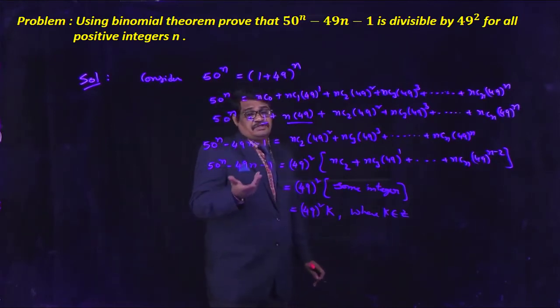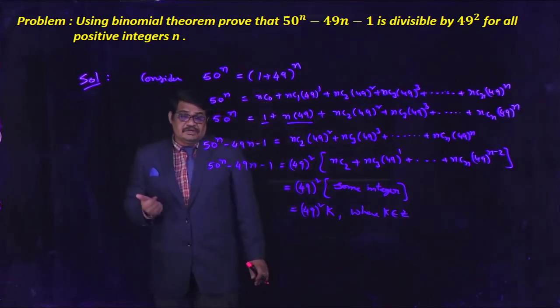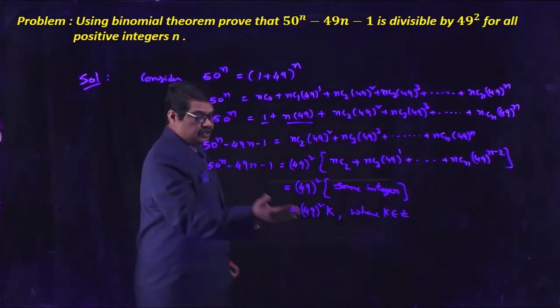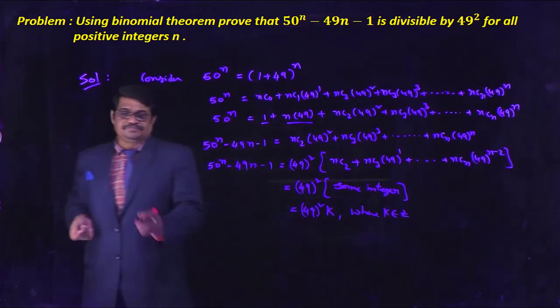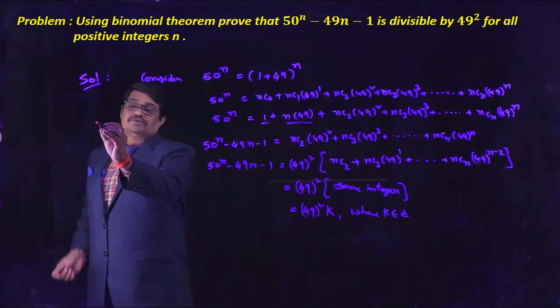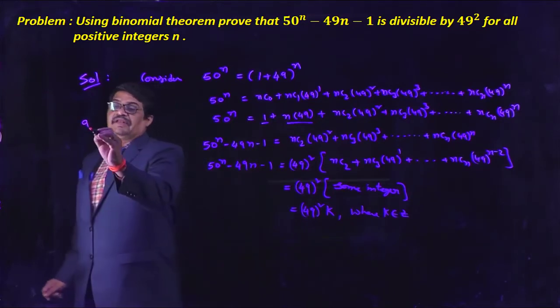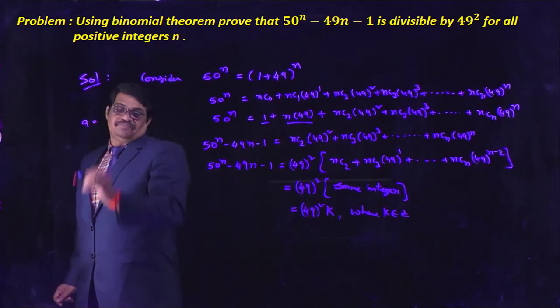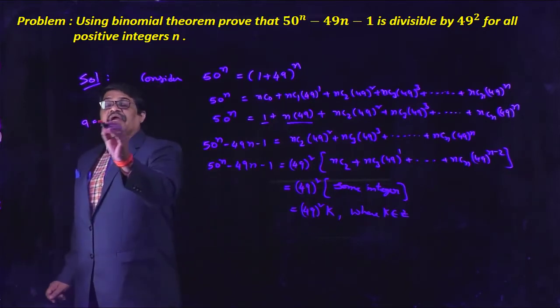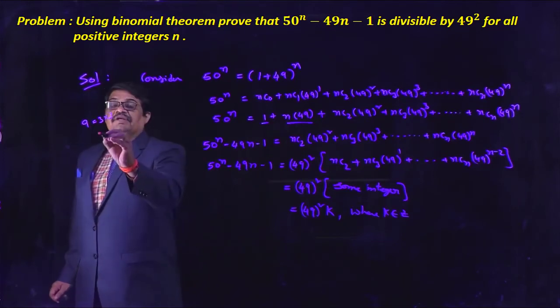Then we say that the number is divisible by 49 square. Suppose 9 is divisible by 3. This 9 can be written as 3 into 3, that is, 3 into some integer.